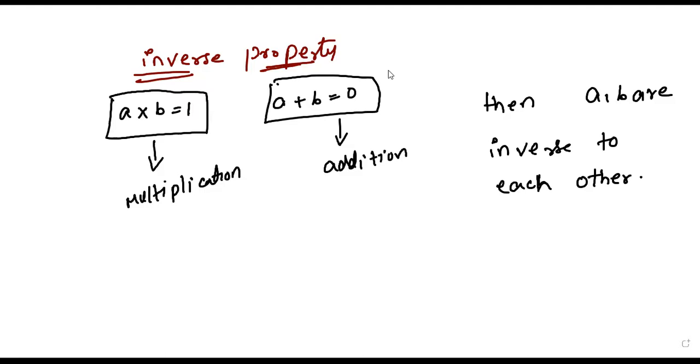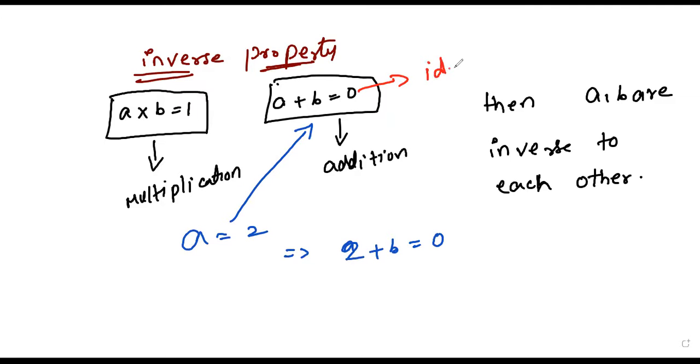Okay, we'll see here. Suppose you take A is equal to 2, substitute in this equation. So 2 plus B is equal to 0. Here this 0 is nothing but the additive identity, and here 1 is the multiplicative identity.